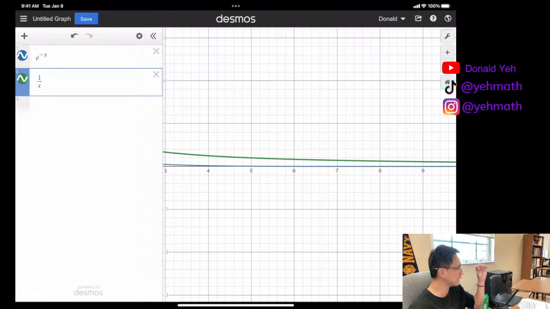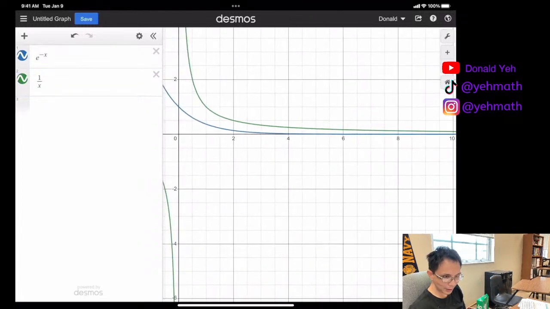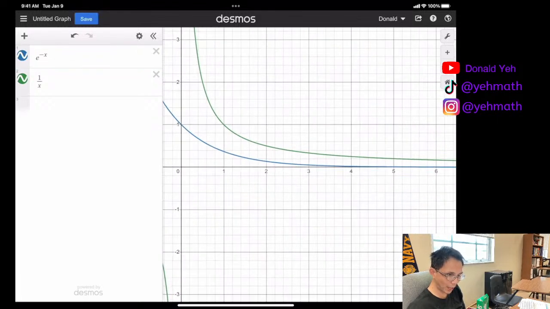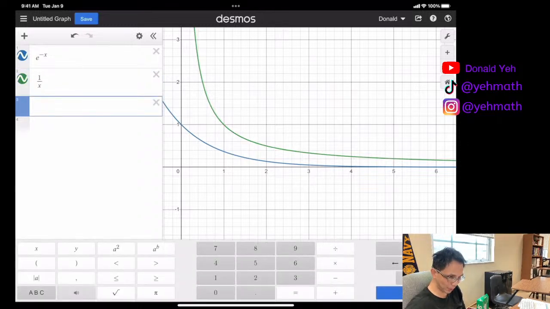It doesn't matter how small it gets, it's still a rate-of-change question, how fast you're decaying. This one is way less. So I always tell students to know this graph, because anything within that graph is going to converge. Anything outside of that graph is going to diverge. Okay, so 1 over square root x. Look at 1 over square root x.